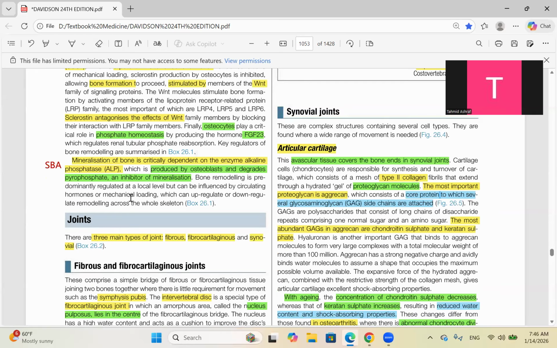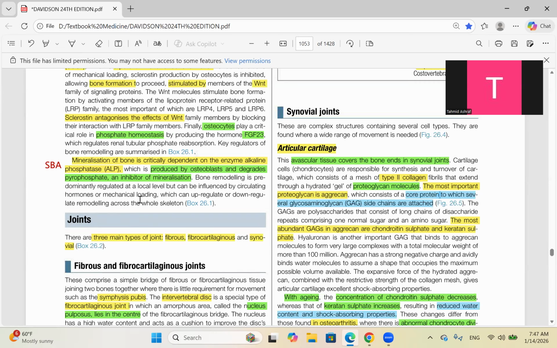There is also another piece of information important for SBA. Mineralization of bone is critically dependent on one enzyme, which is alkaline phosphatase, ALP. Very important. Alkaline phosphatase is the enzyme responsible for bone mineralization. It is produced by osteoblasts. What is the mechanism of action of alkaline phosphatase?